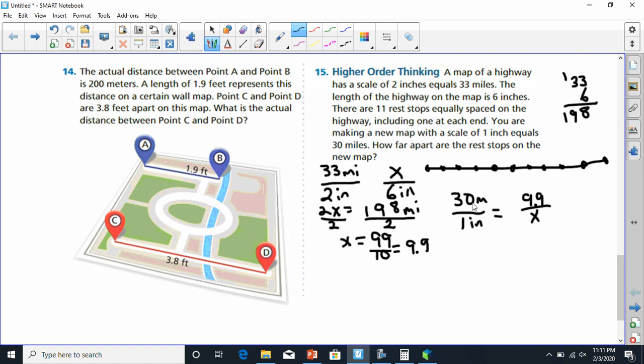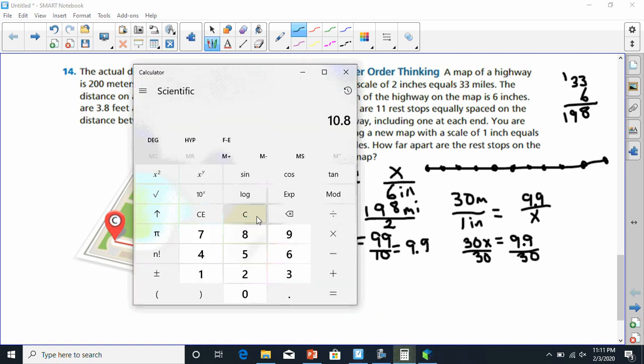So this is going to be 30 times x has to be equal to 1 times 9.9, which is 9.9. And now I've got to divide 30 away. Whatever I divide from one side, I divide from the other. And now I have 9.9 divided by 30. And if I take 9.9 and divide it by 30, that gives me 0.33, or 3 repeating.